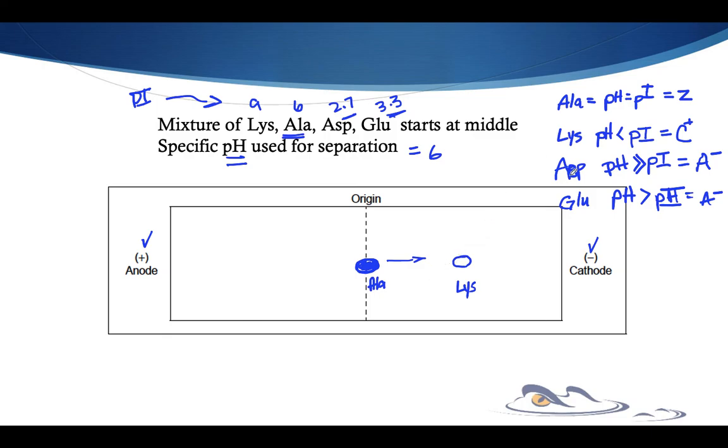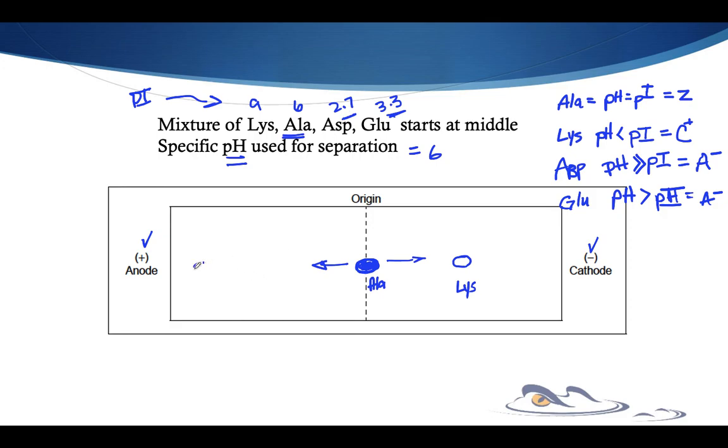For the other ones, the aspartic acid and the glutamic acid, these are going to be in their anionic form, so they're going to be attracted to the anode side, the positive side, which means they're going to travel this way, right? And I have 2 of them, and I said one of them is going to travel faster in this direction than the other. So the aspartic acid here, with its 2.7, we said it was going to travel further.